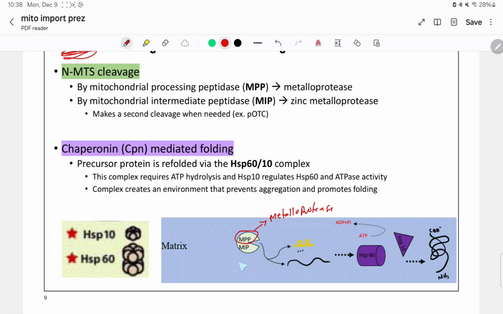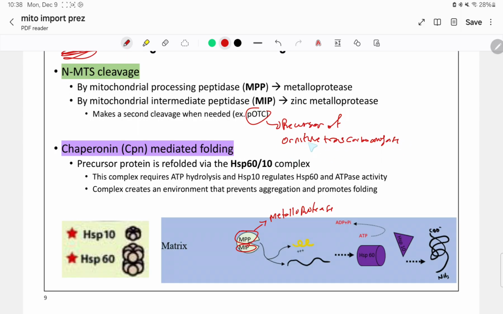Now, sometimes there's another enzyme that needs to be acted on here, okay? And that's the MIP, and that's called the mitochondrial intermediate peptidase, okay? So sometimes one cleavage is not enough, and we actually need to make a second cleavage, okay? And as you can see, in certain examples, like this POTC here, this stands for precursor of ornithine transcarbamylase, okay?